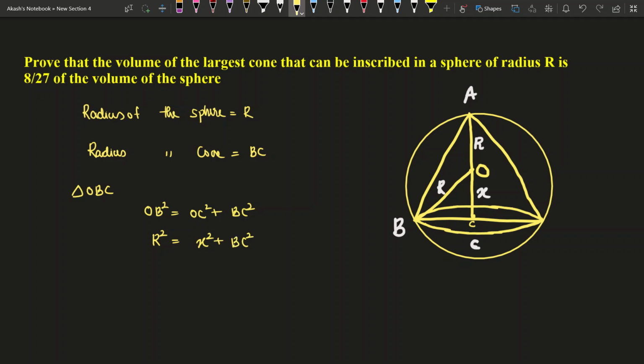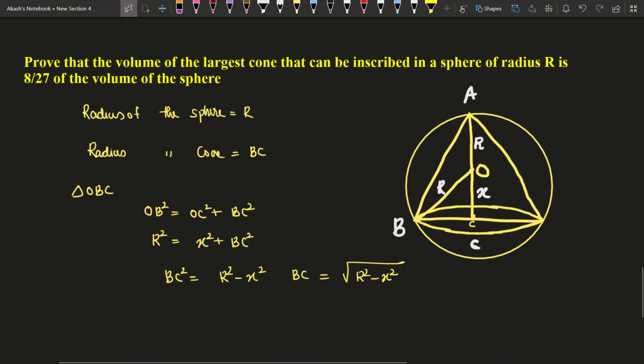Here BC, the base radius of the cone, is not known to us. So BC square equals r square minus x square, that is, BC equals square root of r square minus x square.